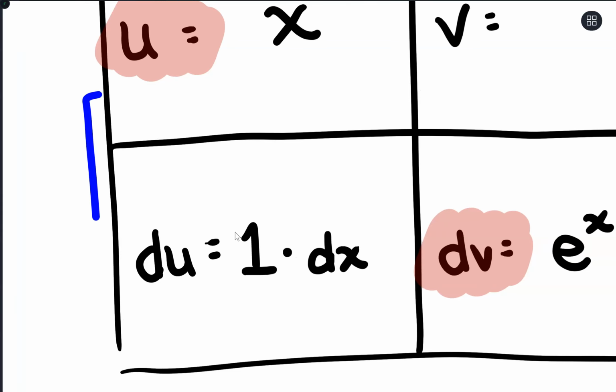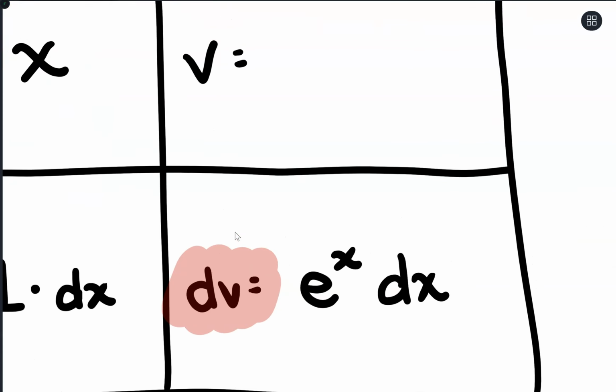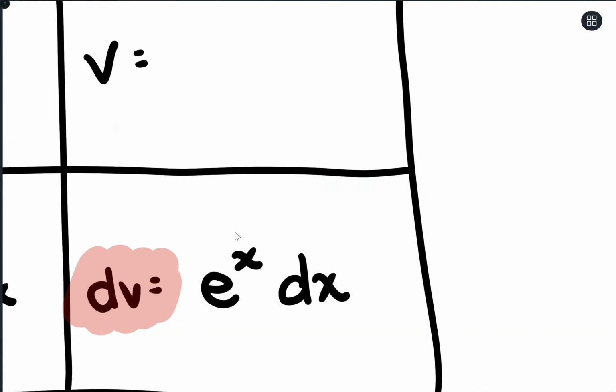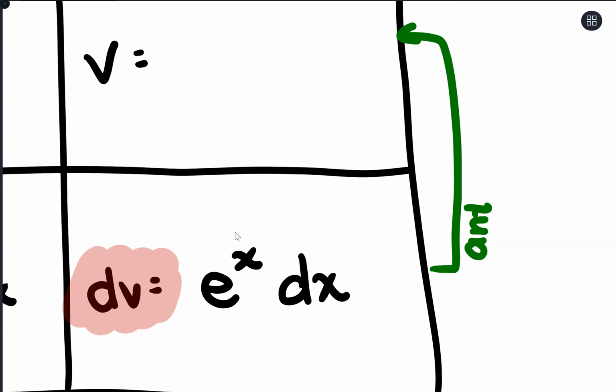To get from u to du, we took the derivative. Now with v and dv, we have dv is e to the x dx, and we want to find just v, which means we're going to take the antiderivative.